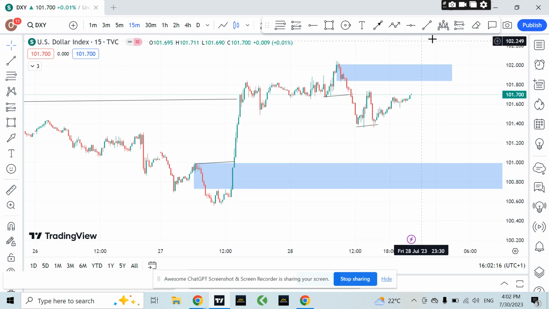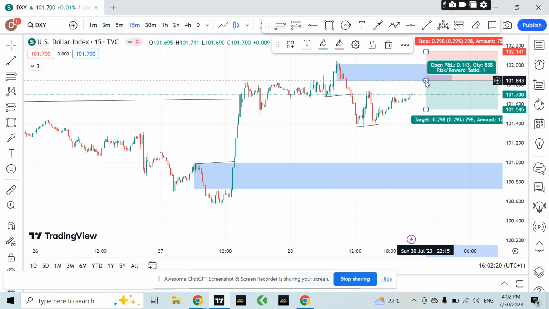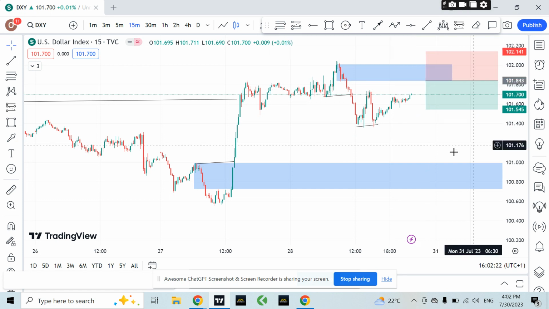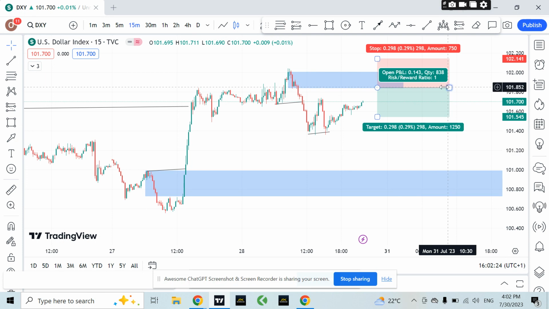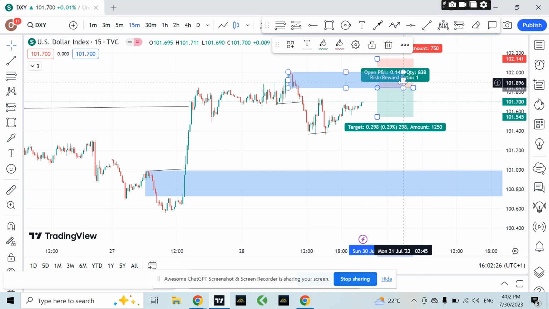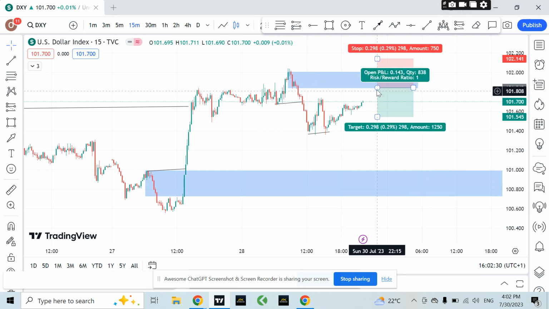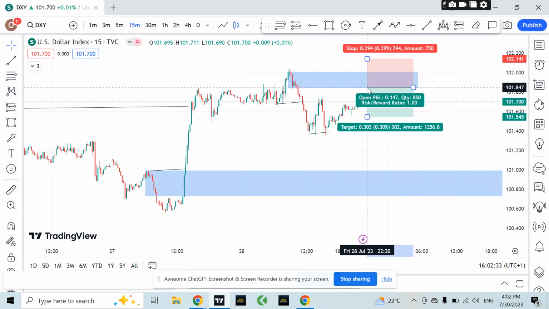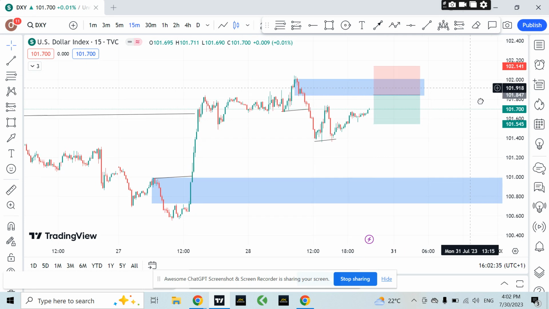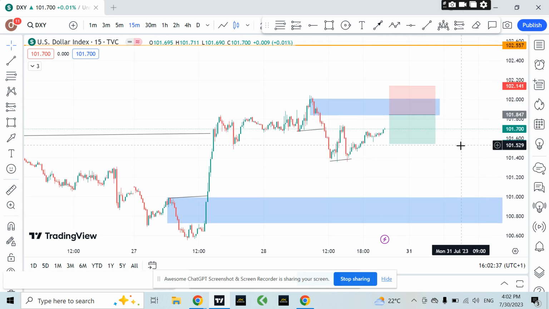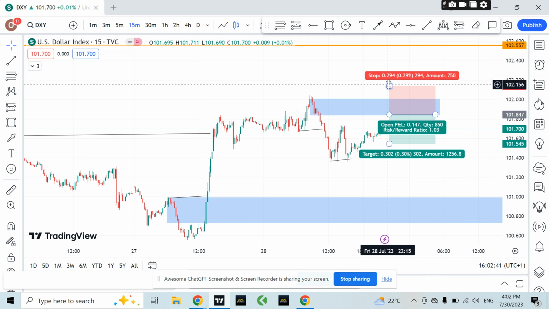And if we are looking for a sell at this level, you always need to give a breathing space for your stop loss, so that you don't get kicked out of the market and then see the market moving in your direction because you had a poor stop loss position. So 29.